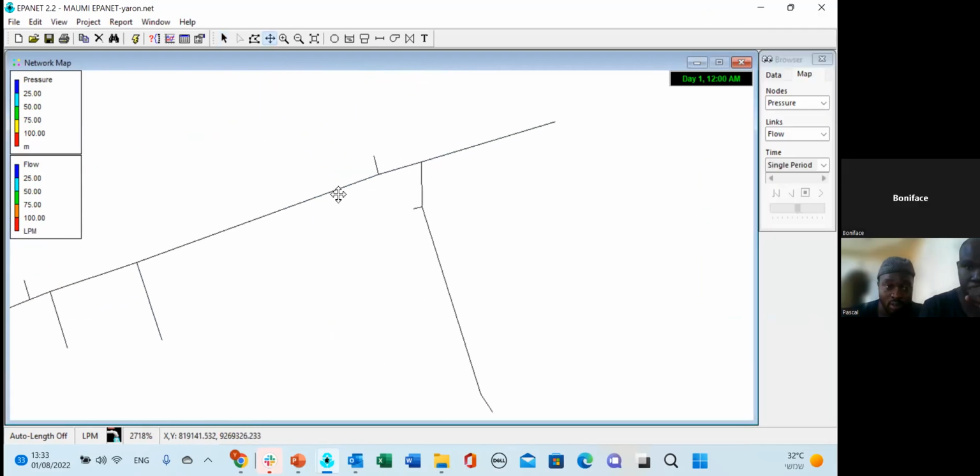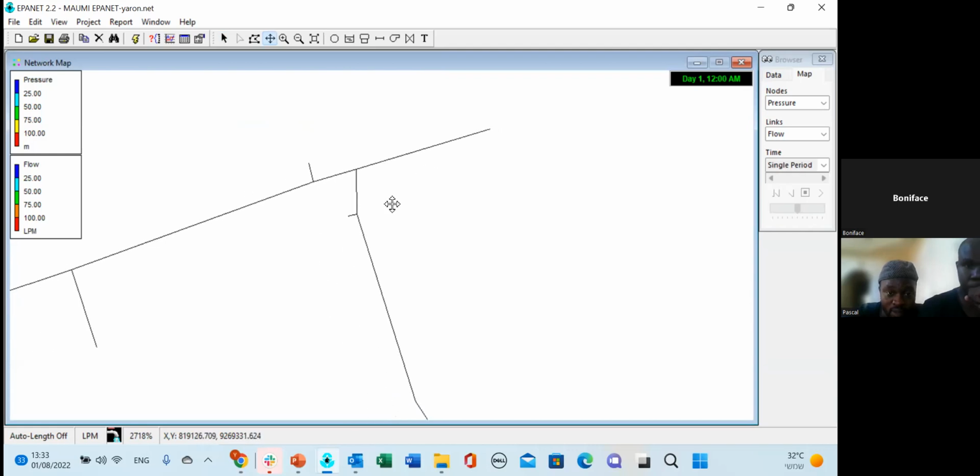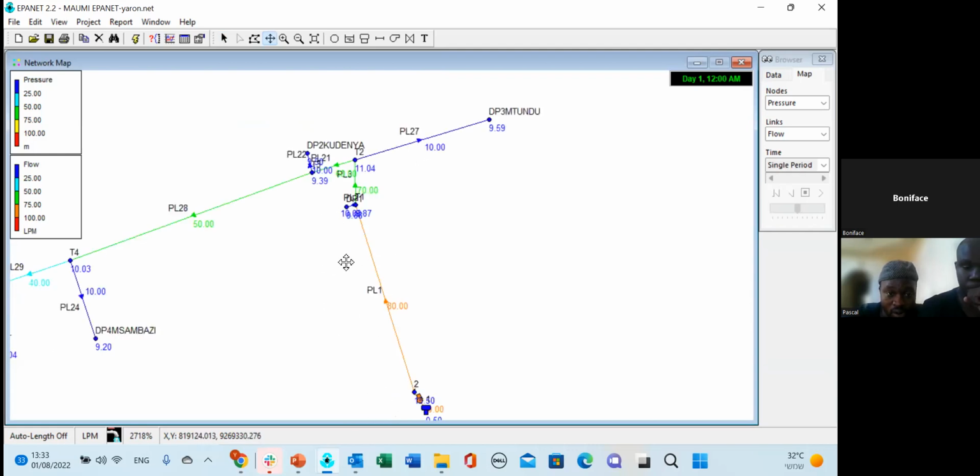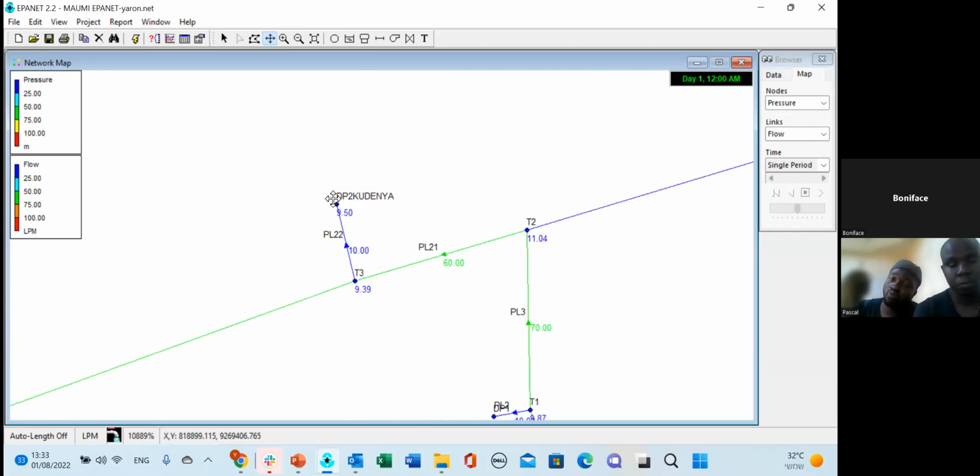William, if I understand correctly, what you wanted to say is that here in the model, we define the demand of 10 liters per minute for a tap stand. But the actual demand is changing. It is not constant. So you're correct.